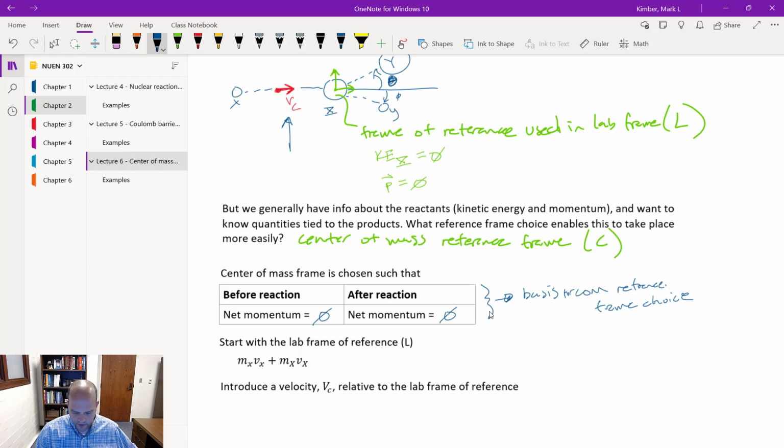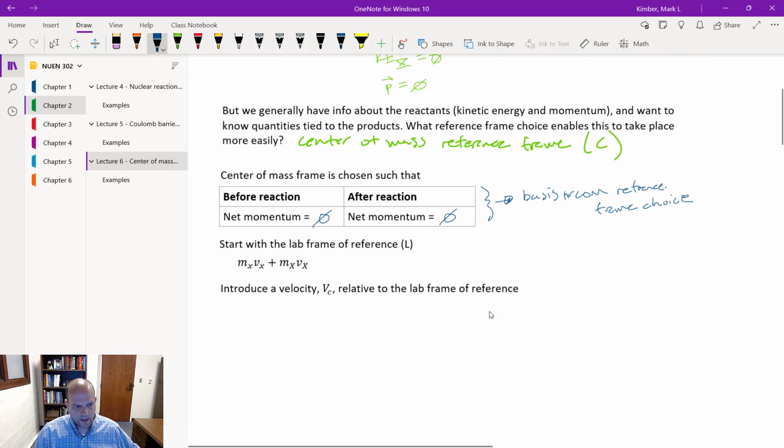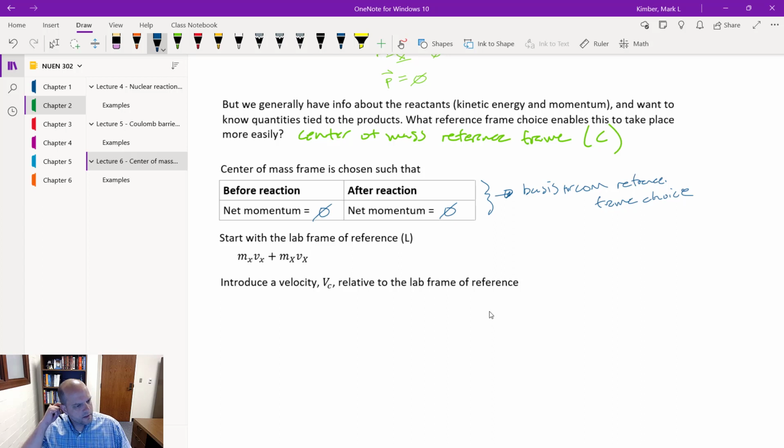So we'll start with the lab reference frame, and we've got the expressions here: the momentum of the target and the momentum of the projectile. This is my total momentum before the interaction. Now we're going to introduce this velocity, Vc, relative to the lab frame of reference.